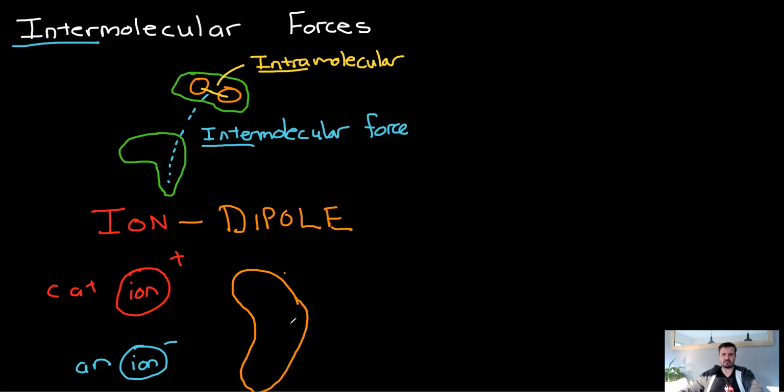Because actually, this is an example of one. So we have a dipole, and what do we mean by dipole? Di meaning two, so two poles. So we could have a positive pole and a negative pole.